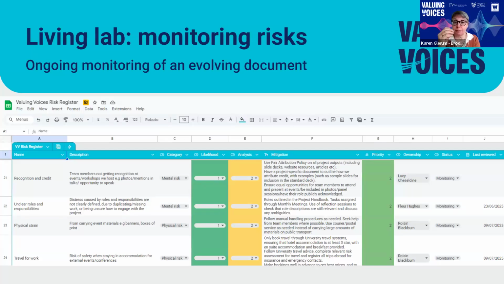And it's not like they have to take that action all by themselves or come up with the solutions all by themselves, but it's just making sure it's on somebody's monitor, basically. So that's in short what strategic risk mapping looks like within the Valuing Voices context, how you can approach it.